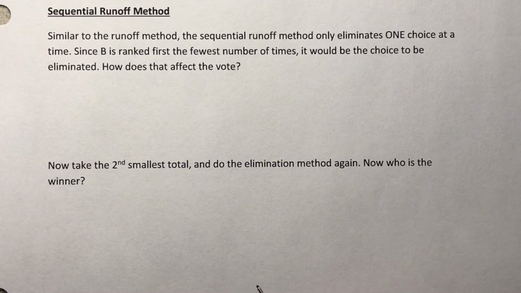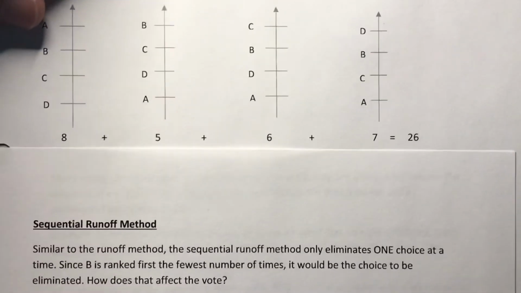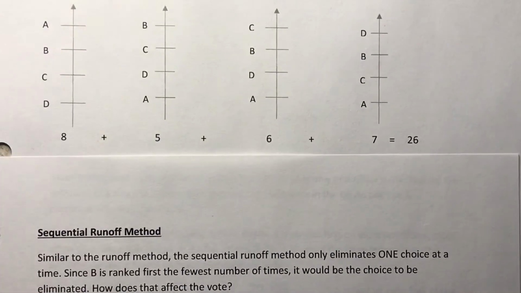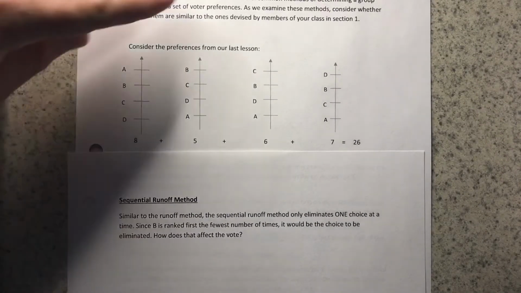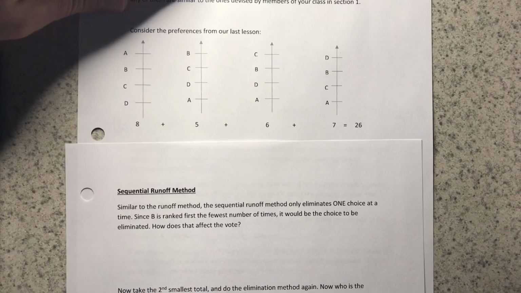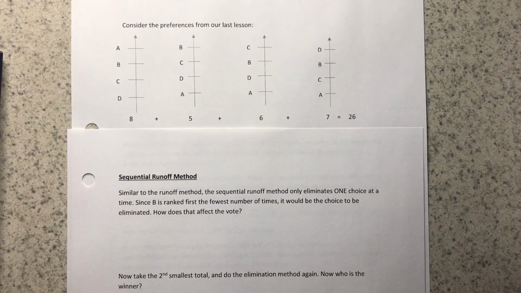So I'm going to take my schedule. Let me find one here. Just going back to page 4. And let me zoom out some. So I'm going to take that schedule and make my elimination.